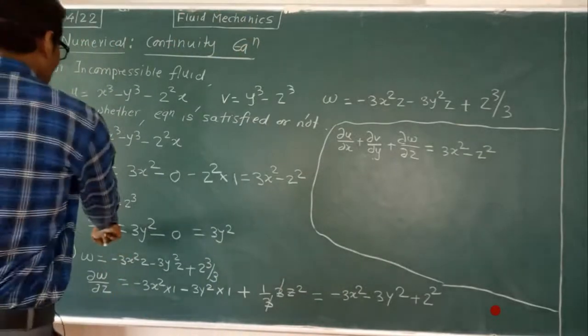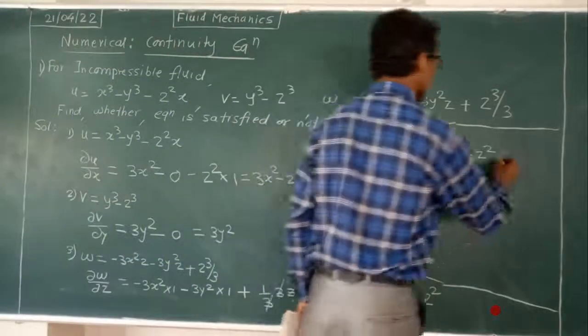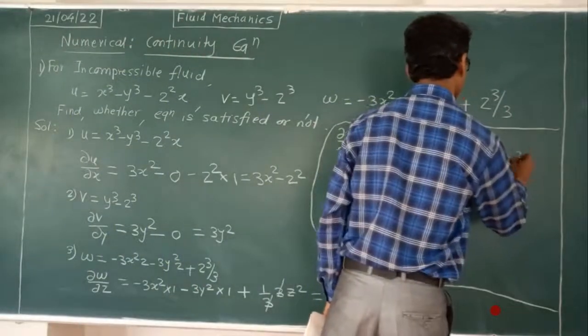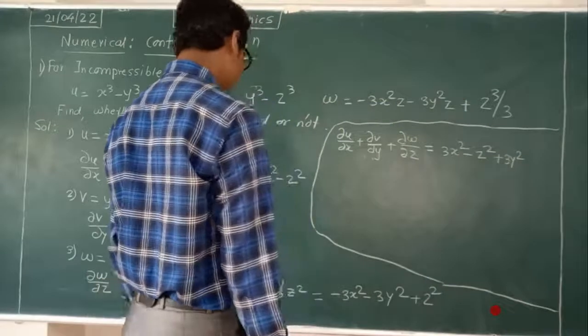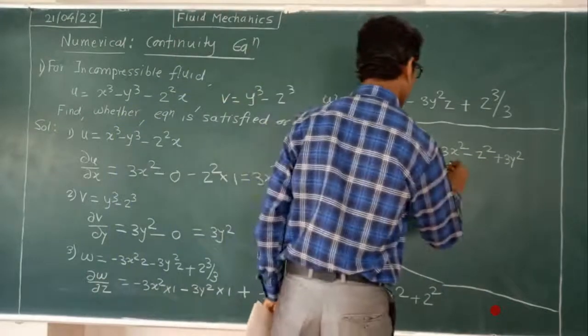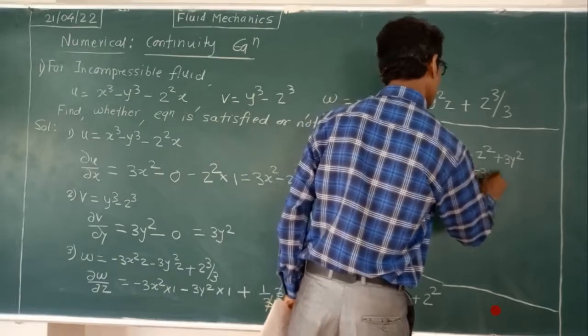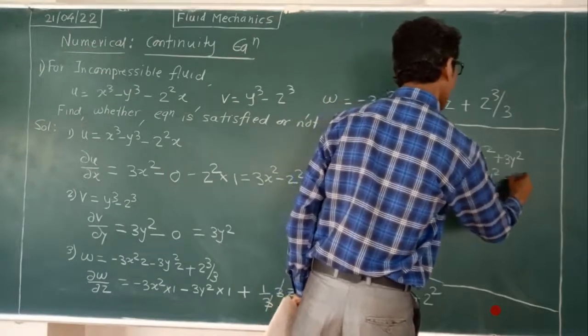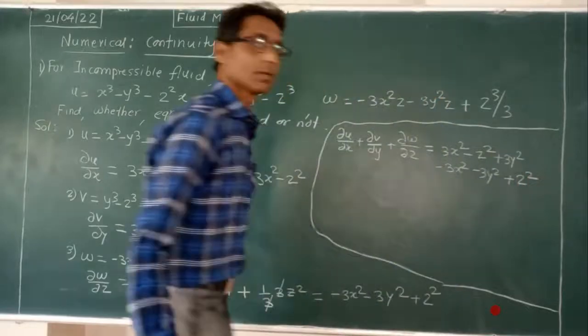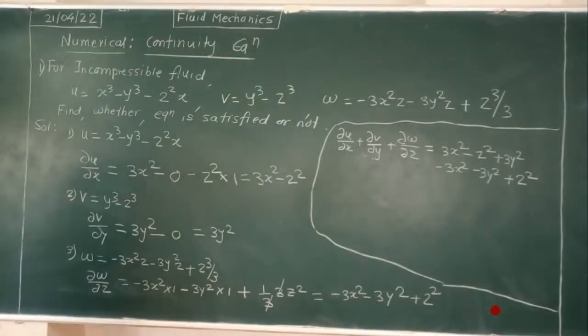Okay, ∂v/∂y plus 3y², and ∂w/∂z here is minus 3x² minus 3y² plus z². If you observe this equation, what happens?